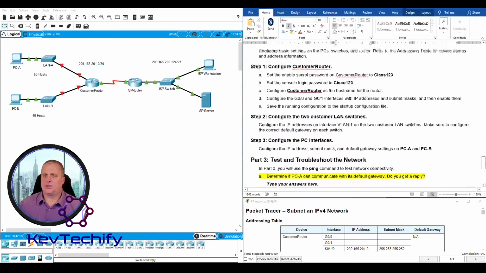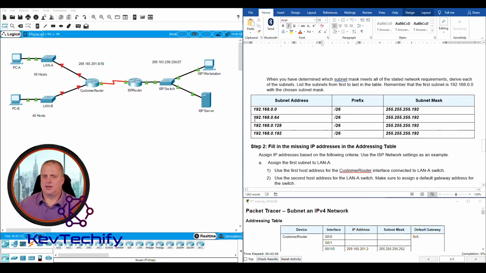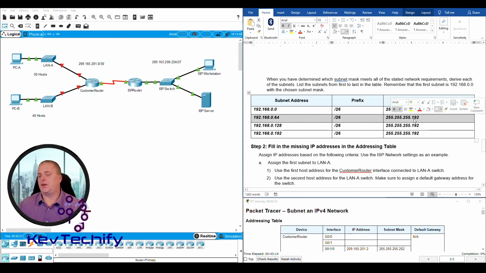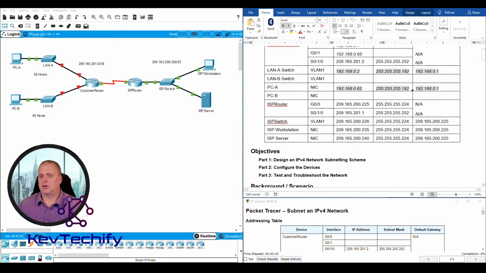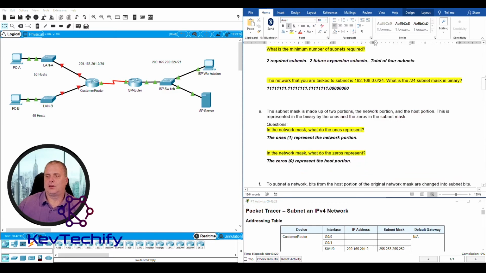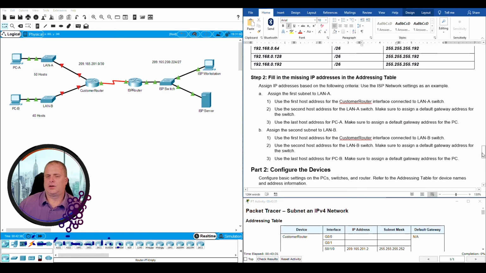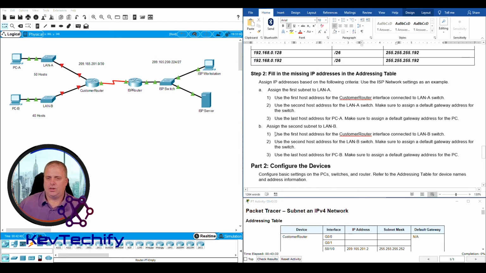Once again, our subnet mask here is the same for all of these networks. We're using the second network here. Subnet mask is 255.255.255.192. It takes care of B1.